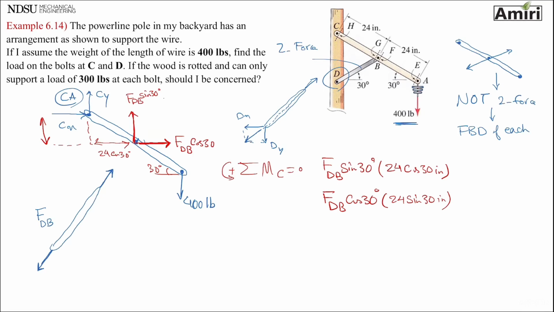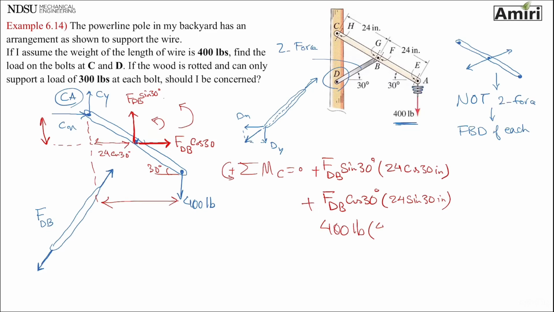Okay, now let's figure out the signs. F_DB sine 30 is trying to rotate this way, which is my sign. F_DB cosine 30, same way, so both of them are plus. The only other force that I have is that 400 pounds at a distance of, this is the distance I care about now.